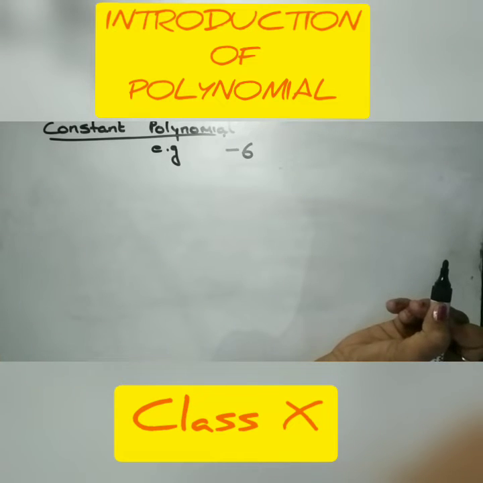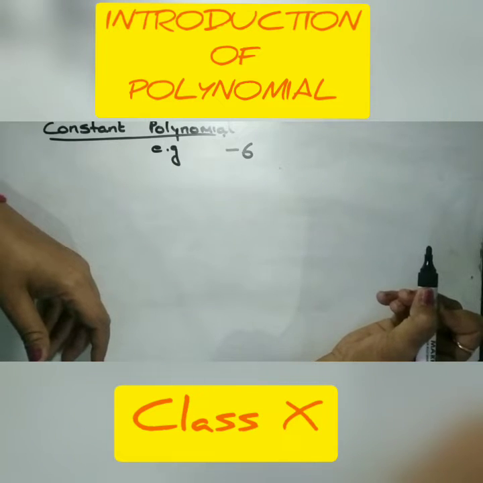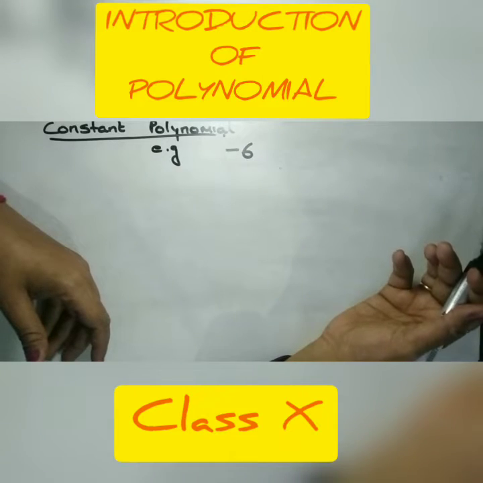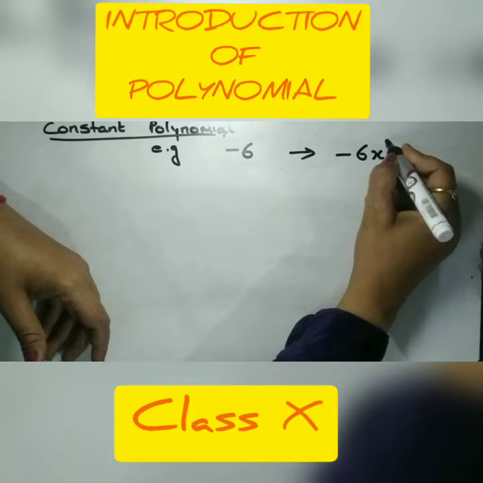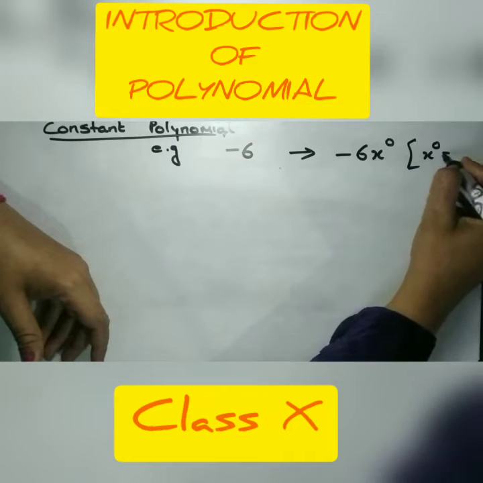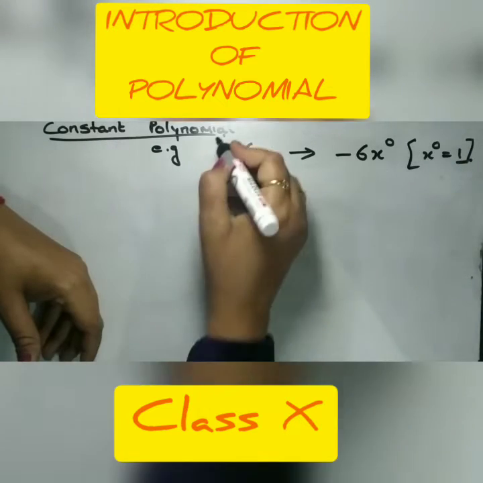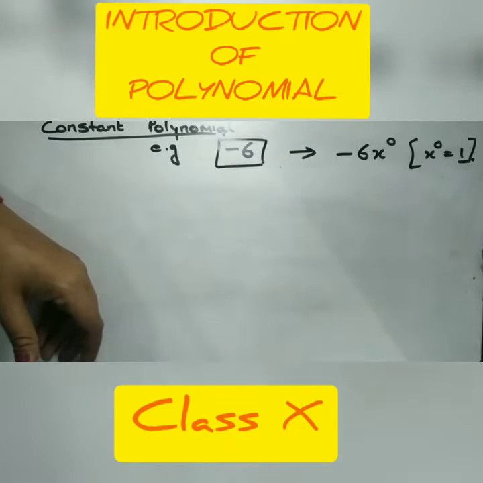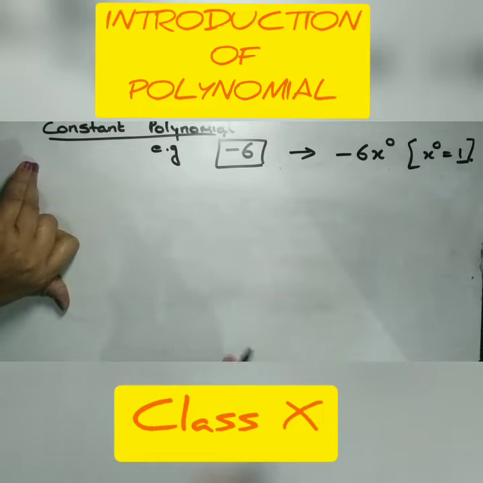Before I said that a polynomial is an algebraic expression consisting of constants and variable. Now where is the variable? This could be written as minus 6 x power 0, and we all know that x power 0 is 1 according to laws of exponent. So this type of polynomial in which no variable is there is called the constant polynomial. Clear? Okay.